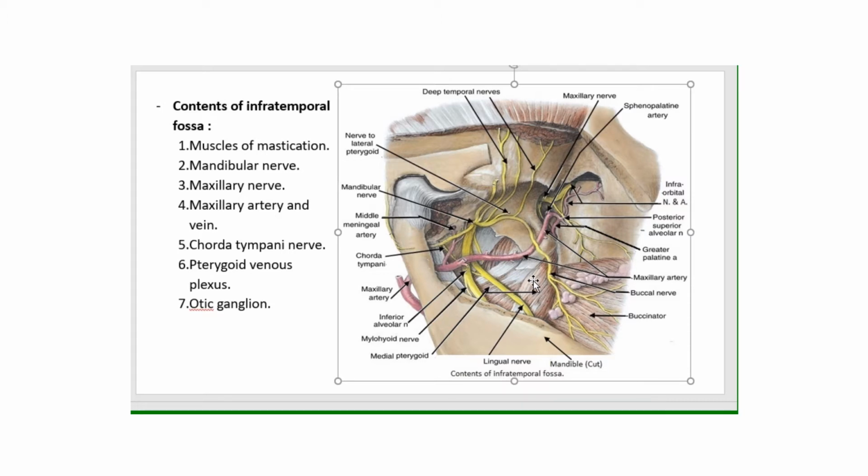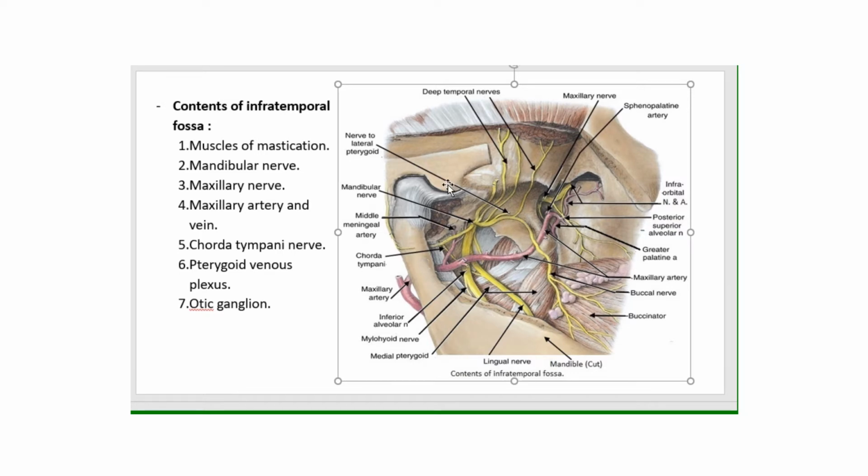What are the contents of the infratemporal fossa? It contains muscles of mastication, which are the temporalis. It contains the tendon of the temporalis and pterygoid muscles.